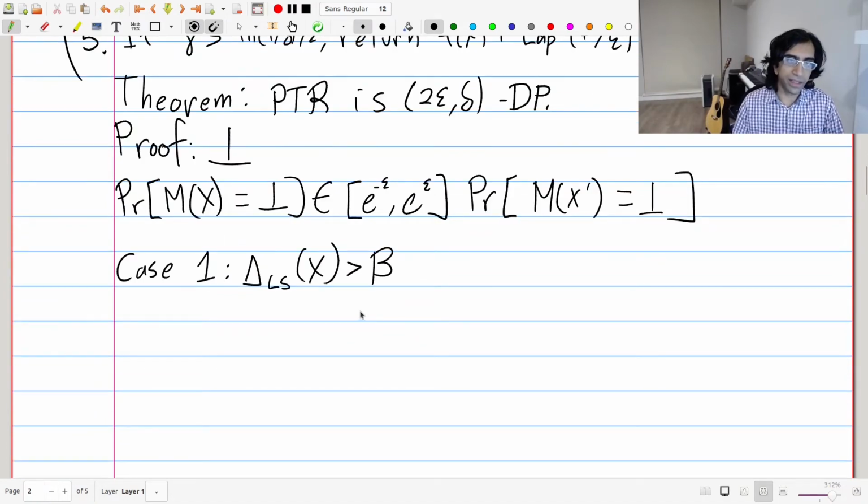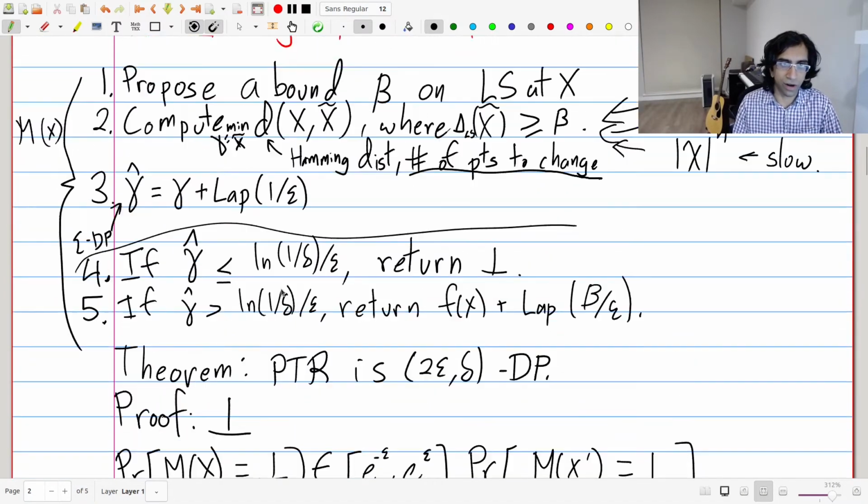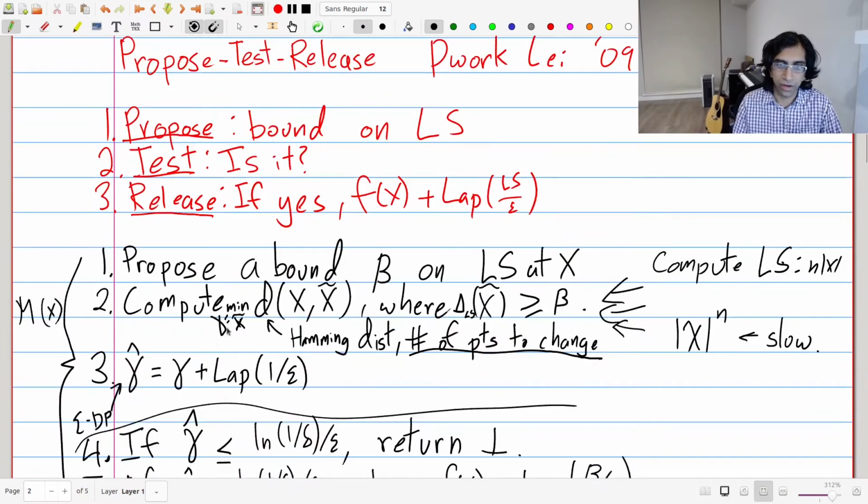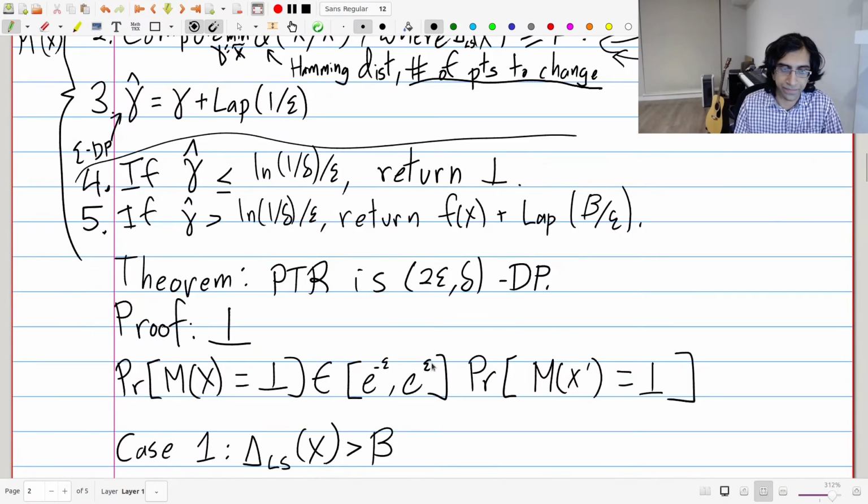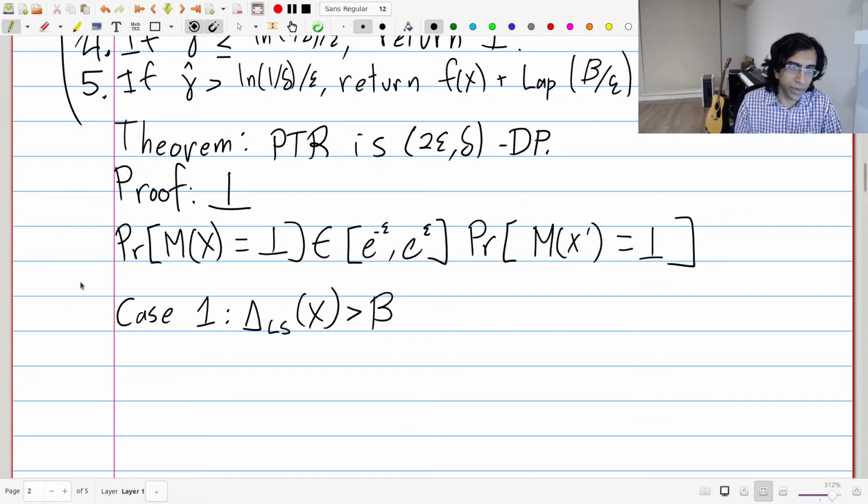Then in this line here, where we computed gamma, it would be equal to 0, because in fact you have to change 0 points to get to a high sensitivity data set. So in this case, gamma is equal to 0.